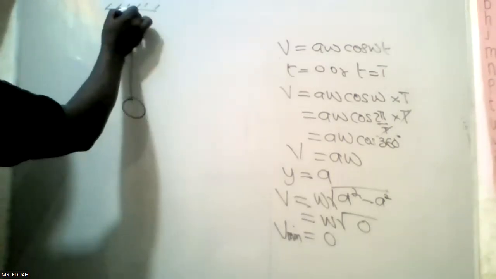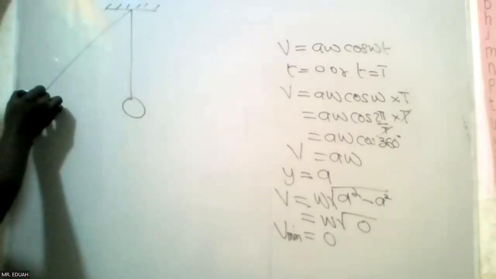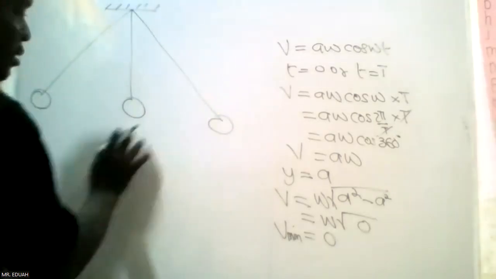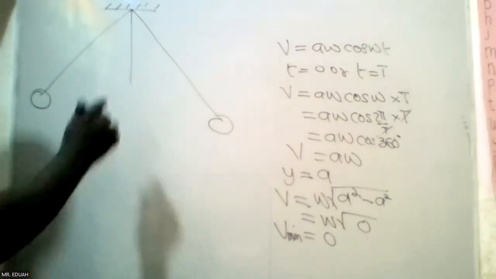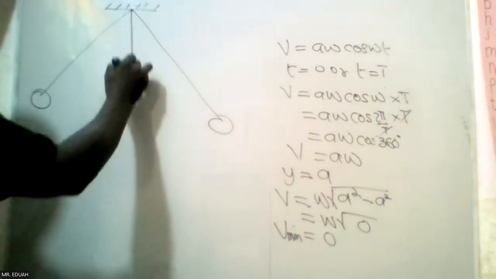The body oscillates back and forth. This is the mean point.